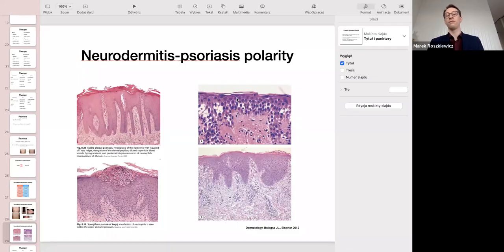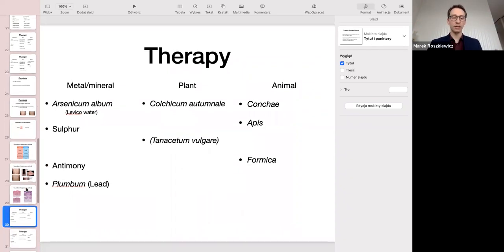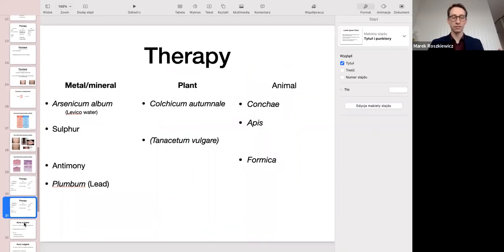So for atopic dermatitis therapy, we need to help build up, for example, with silver and organ preparations. And for psoriasis, we have to slow it down. That is why in psoriatic patients we would use things that will suppress a bit too much life activity, to come to the middle.